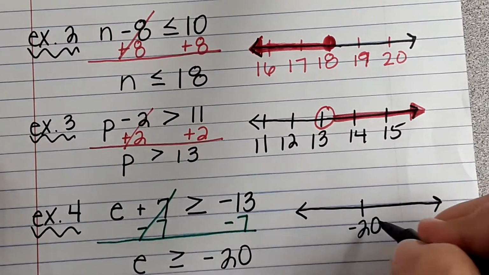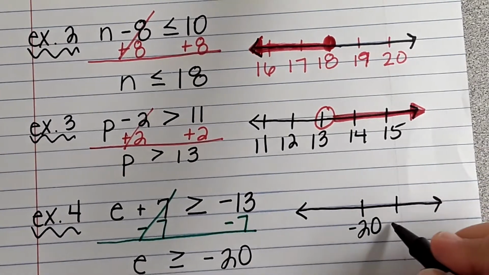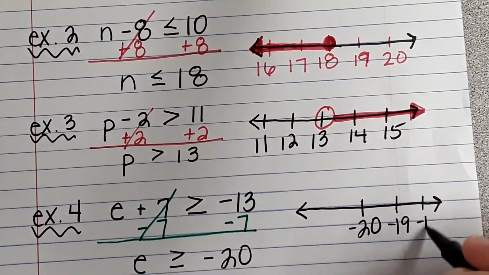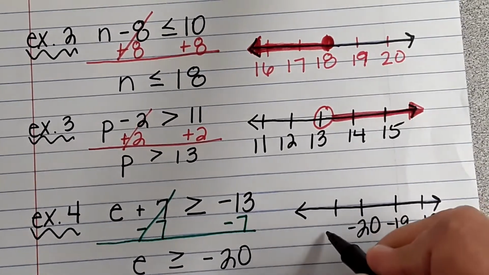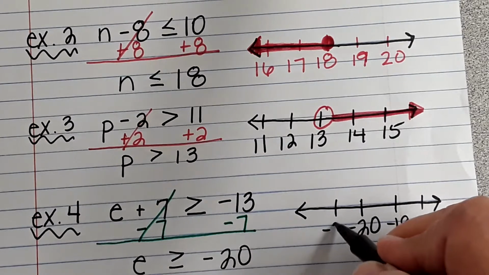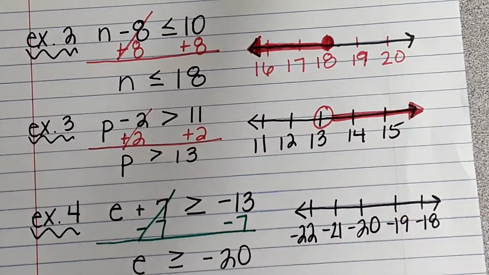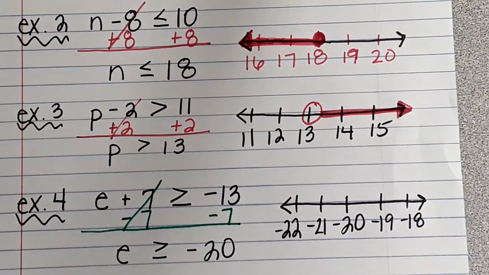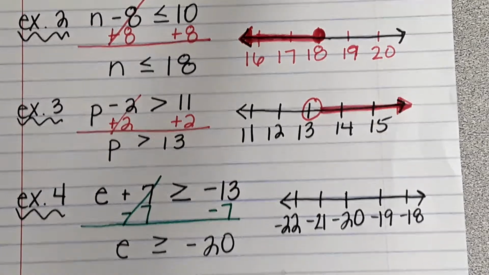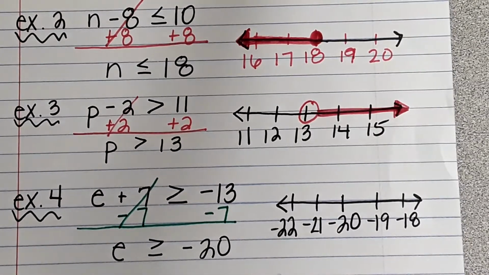Now remember, when it's negative, these numbers look like they get smaller, but those are actually bigger. So remember, negative numbers are always written in reverse order like that. So, full circle, empty circle?